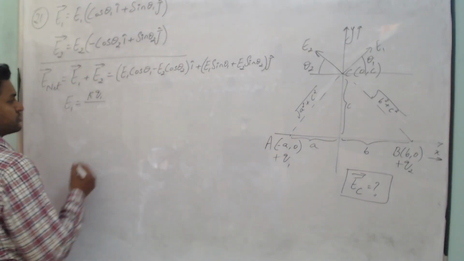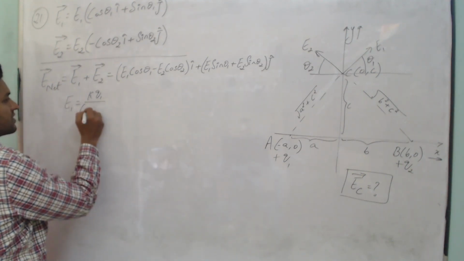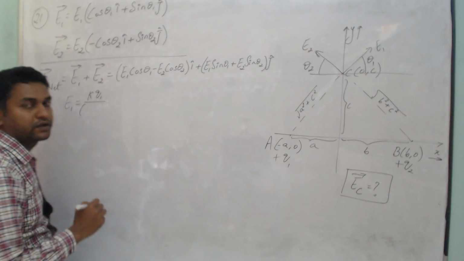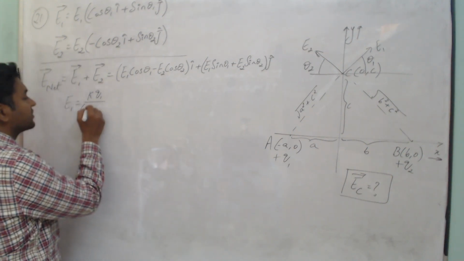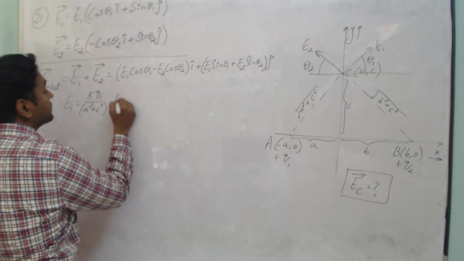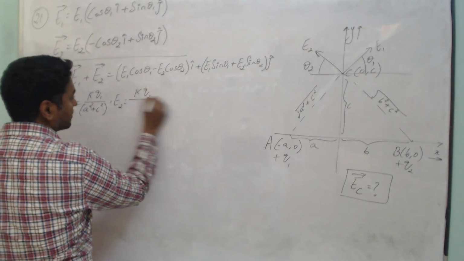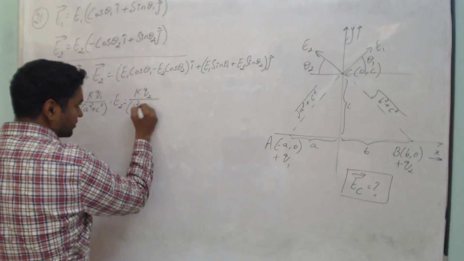So E1, what should I write? KQ1 divided by, what is the distance square? A square plus C square. Good. Similarly, what is magnitude E2? KQ2 by B square plus C square. Perfect.